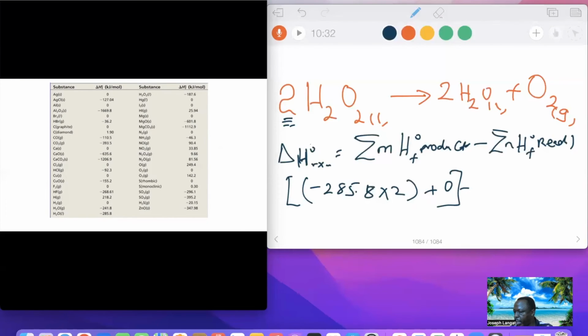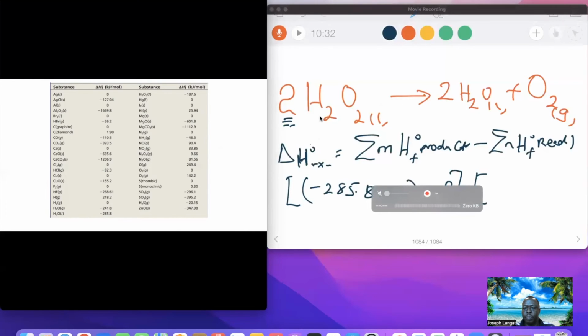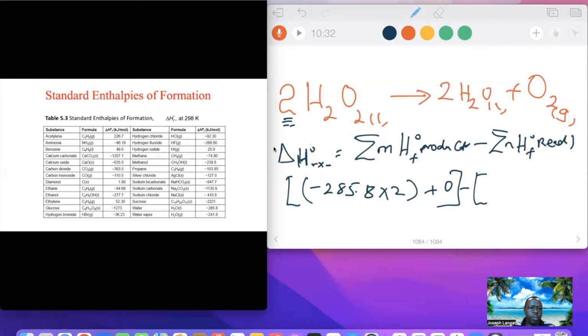Products minus the formation of peroxide, H2O2, hydrogen peroxide. So we want H2O2.